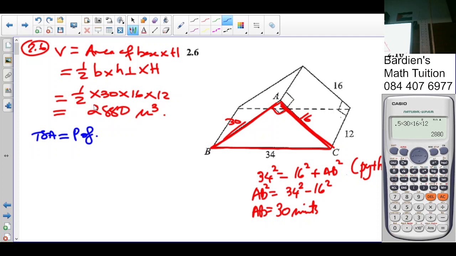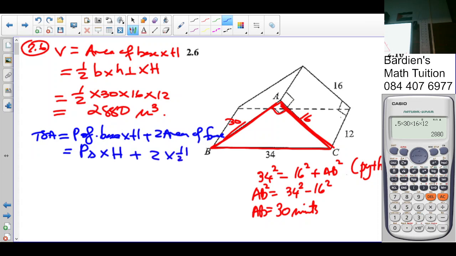Okay. Perimeter of base times height plus 2 area of base. Perimeter of base is going to be the perimeter of the triangle times your height plus 2 area of base. So half base times perpendicular. Okay? So perimeter of the base, I must add up all these lengths. Not so? So it's going to be 30 plus 34 plus 16 times 12.